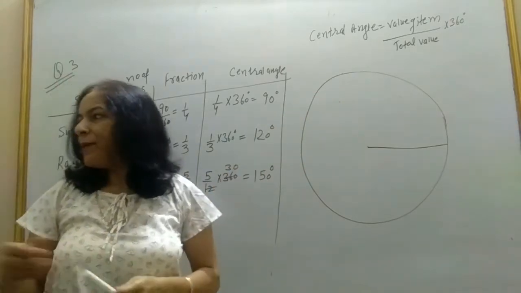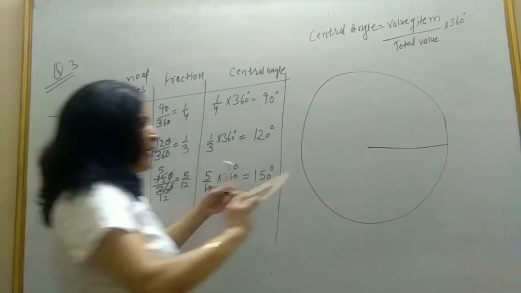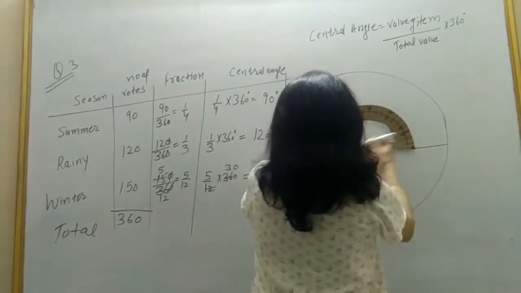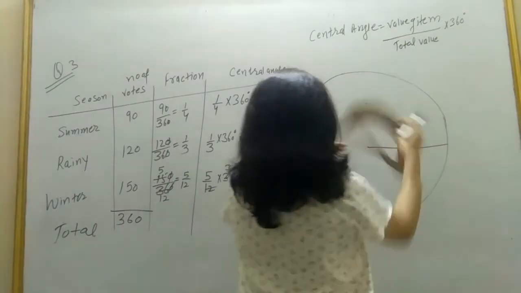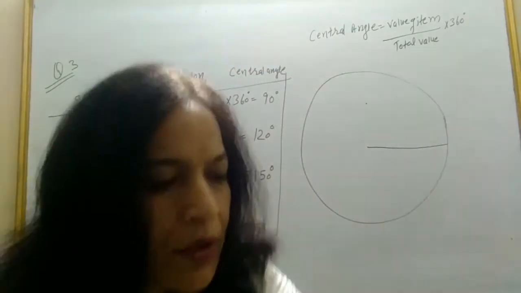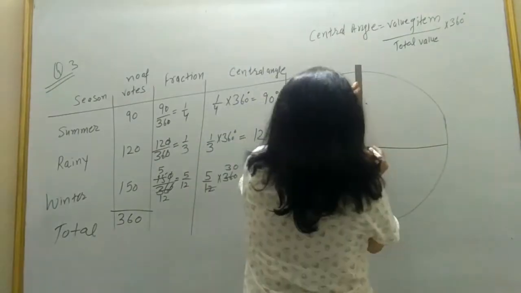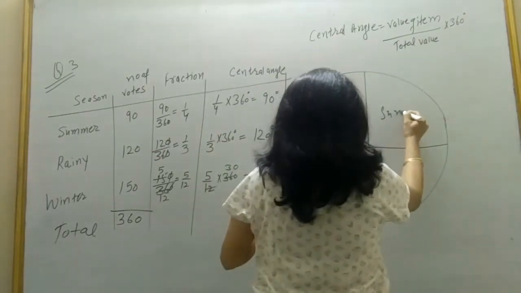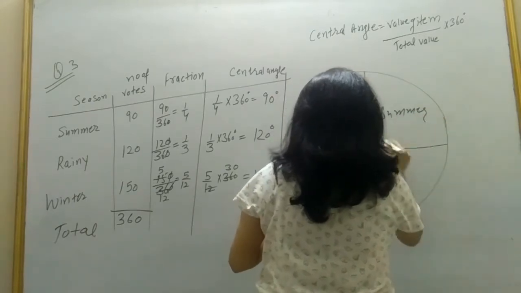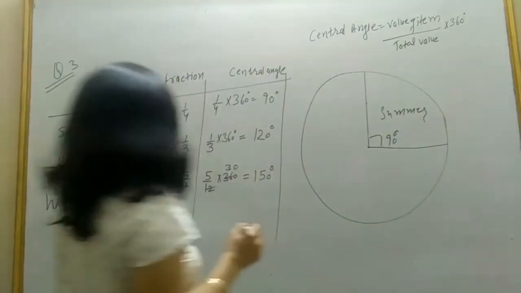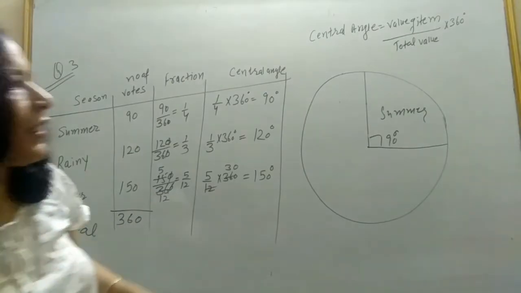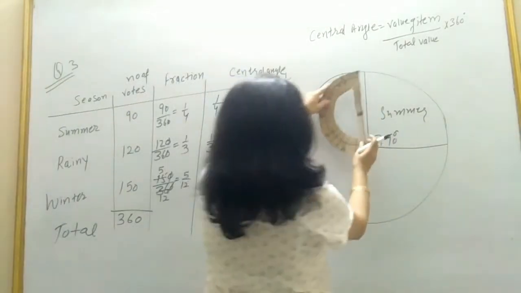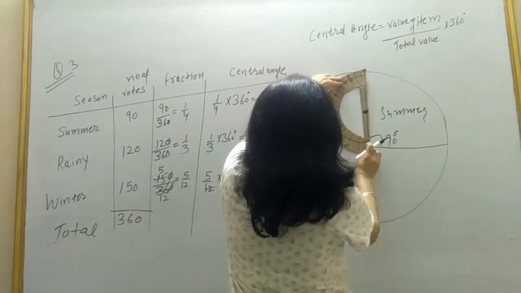And you know how to draw the angle. You take the compass and draw a 90 degree angle here, and this is for summer season. Then for rainy season, a 120 degree angle. Now this line will be the radius, and it's an obtuse angle.